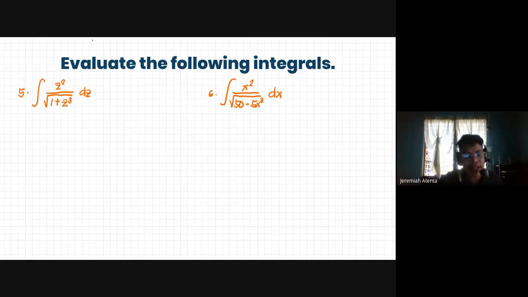Dapat pag let natin siya, lalabas yung isa pag i-differentiate. So is it z squared or 1 plus z cubed? Or what if yung square root mismo, square root of 1 plus z cubed? Makakakuha ba tayo ng answer doon? What do you think, guys?